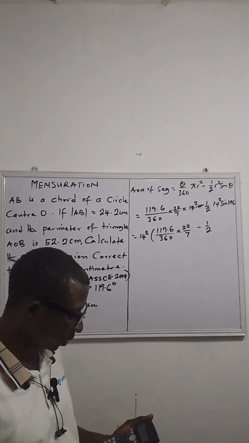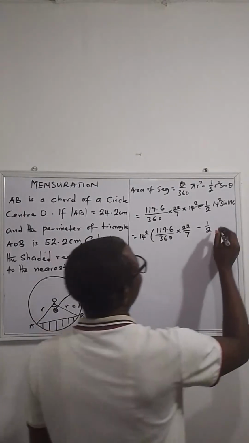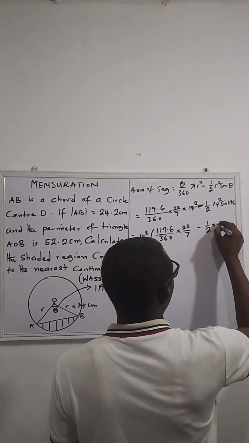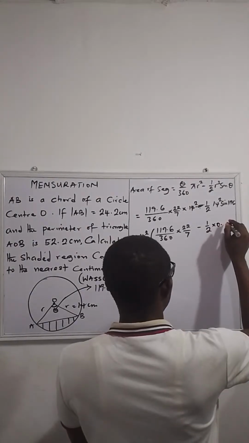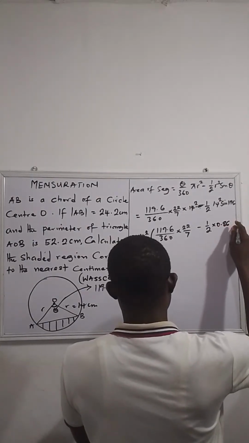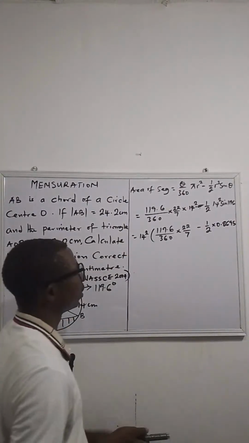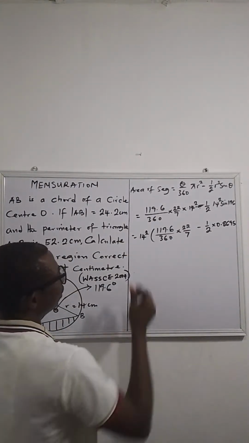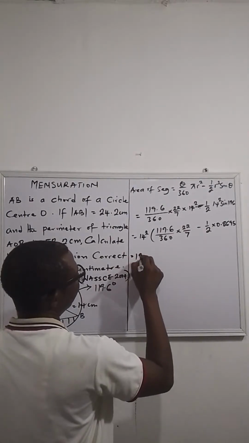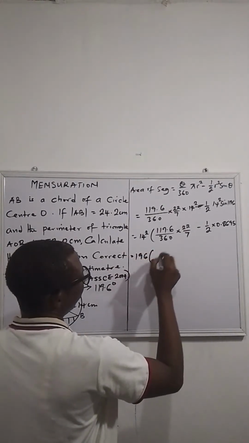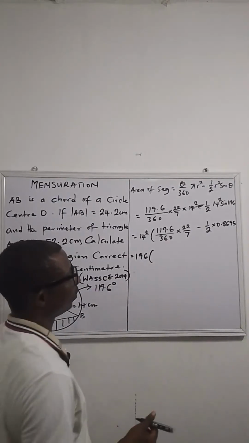You have 0.8695. Okay, so that's what we have. Now this will be multiplied by 196. Now let's evaluate what we have here.